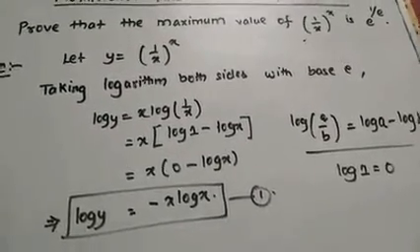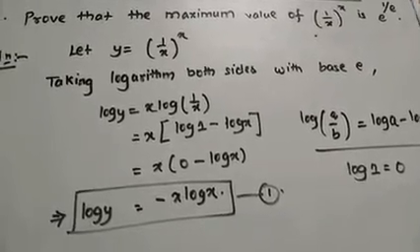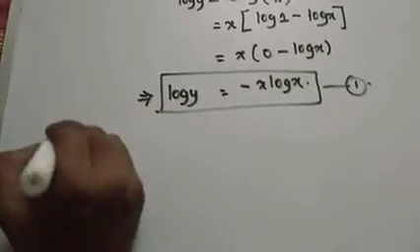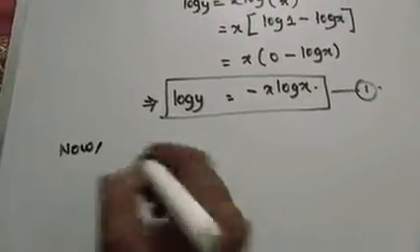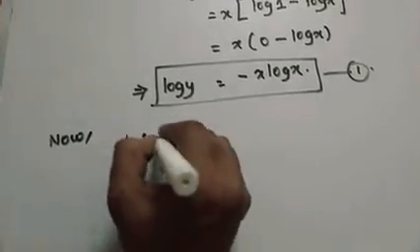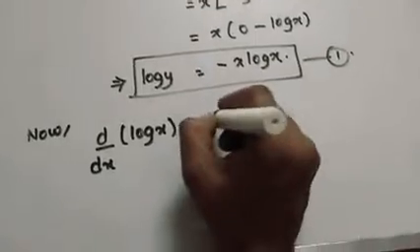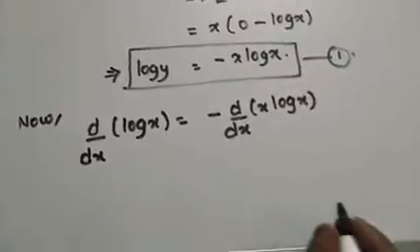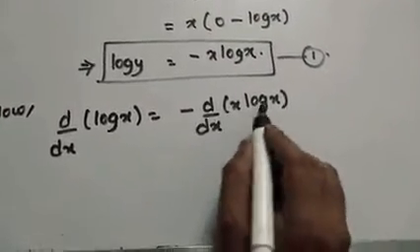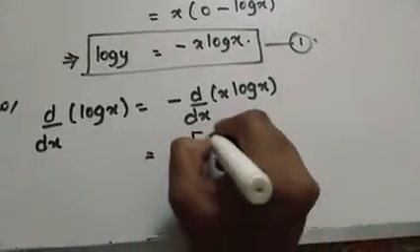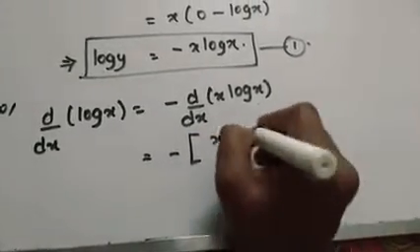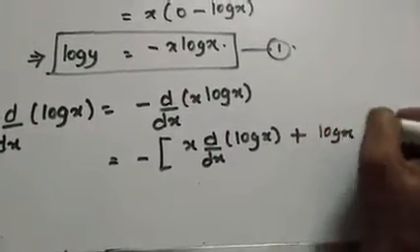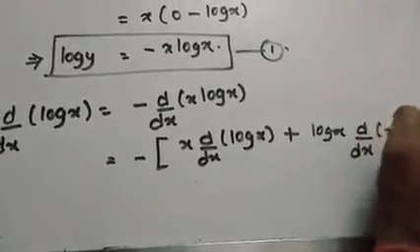Now we have simplified the given function. Now we will differentiate this function with respect to x and then find the second derivative. First, differentiating log y with respect to x, this side will be minus d/dx of x log x. Now x into log x, product rule: x d/dx of log x plus log x d/dx of x.